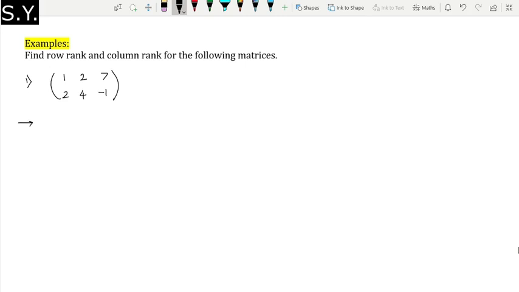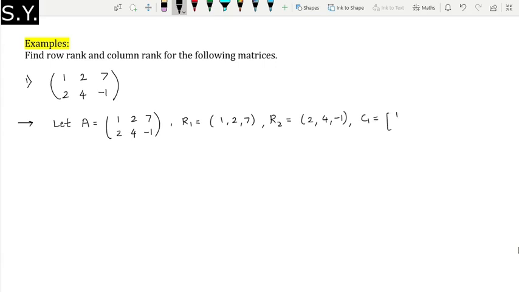So let us do that. Let us denote this matrix by A, with rows 1, 2, 7 and 2, 4, -1. Let us denote the rows of A as R1 and R2, and columns of A as C1, C2 and C3.